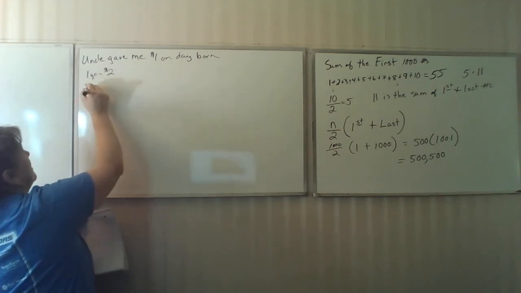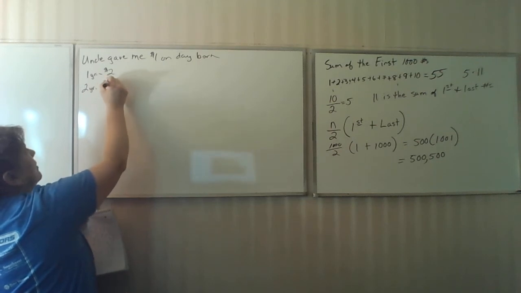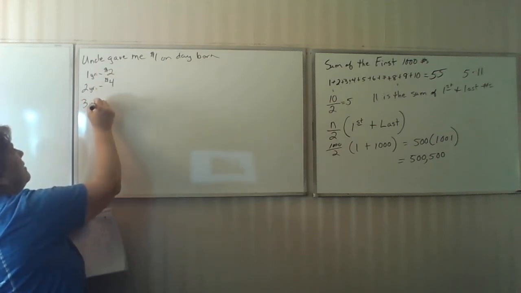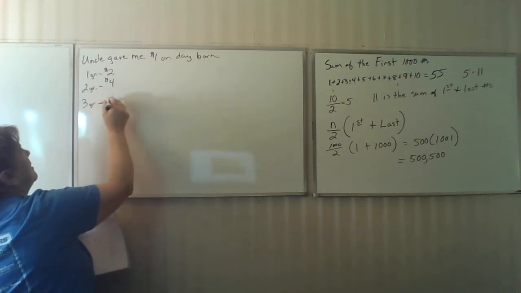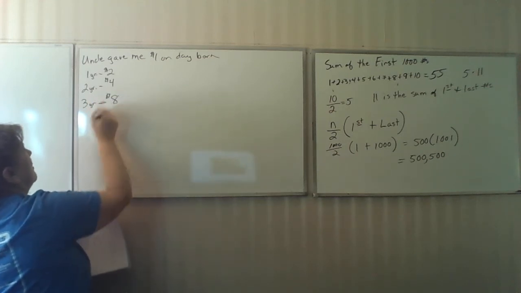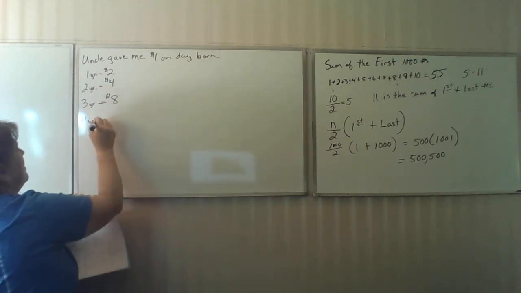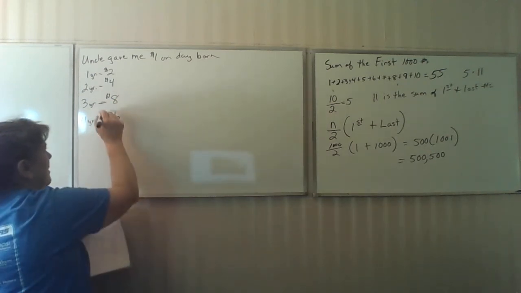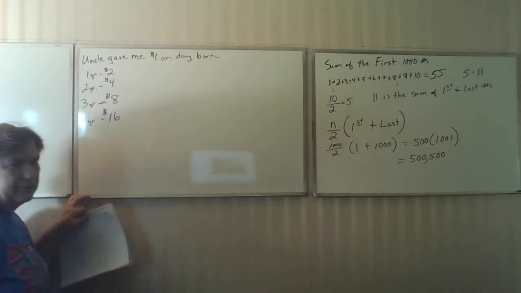On the second year birthday, you got $4. Third year birthday, you got $8. Fourth year birthday, you got $16. So what's happening here?